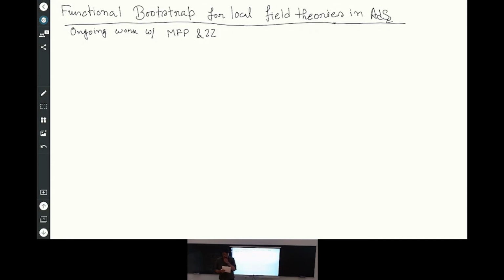I want you to keep in mind that there are essentially two models that I want to talk about today. From the bootstrap perspective, the way I will formulate the problem, they are quite similar, although the approaches to attack them would be very different. So these are field theories in AdS2, and we have some action in the bulk.